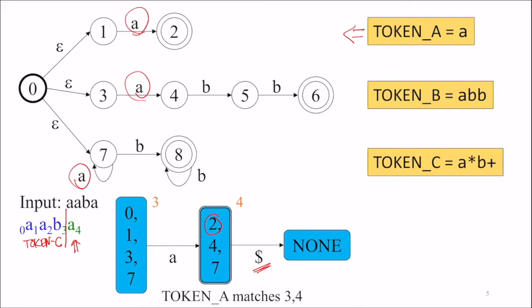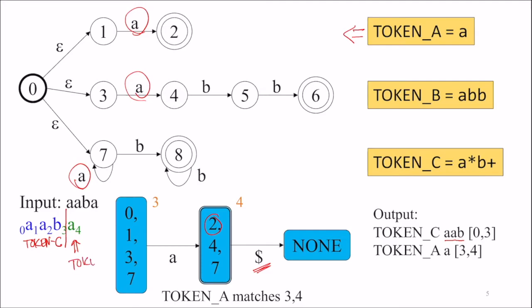There's nothing else, so that is the longest match and the only match. So the output would be token C, which matches AAB, from 0 to 3. And then this one is token A, which matches just a single symbol A, from 3 to 4.